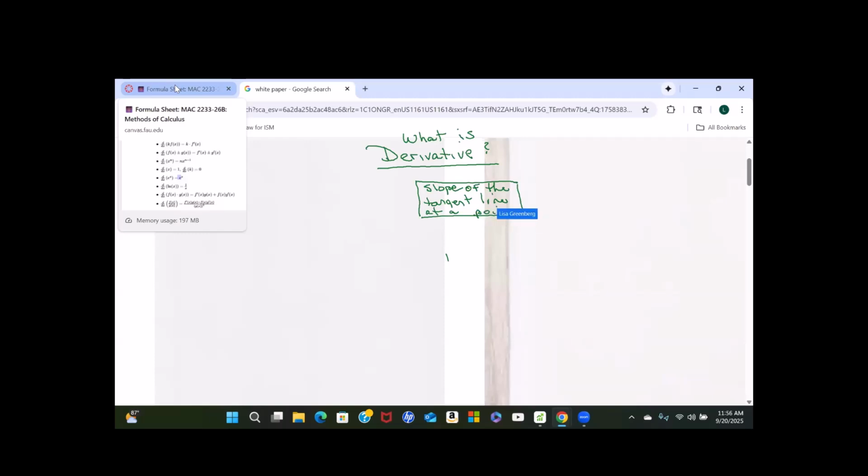Sometimes we don't know the point, so we leave it as f prime of x. Sometimes we do know the point and we can find the actual slope, the actual number. If I want to find the tangent line, then I need to take the derivative, and that equals the slope.